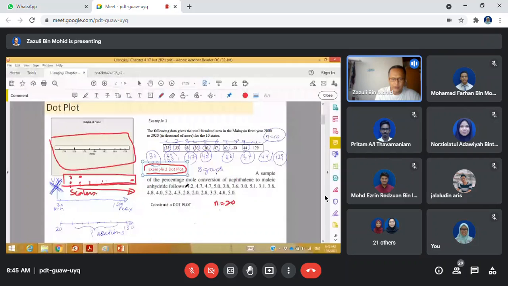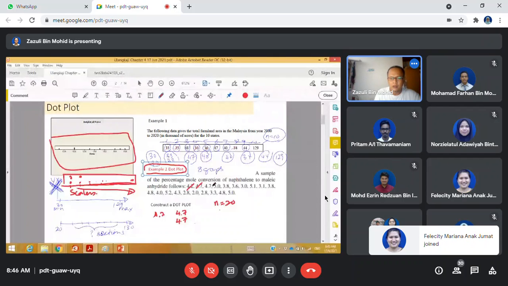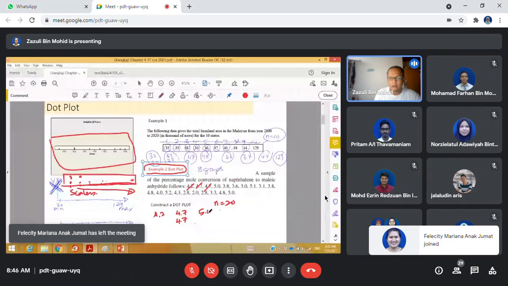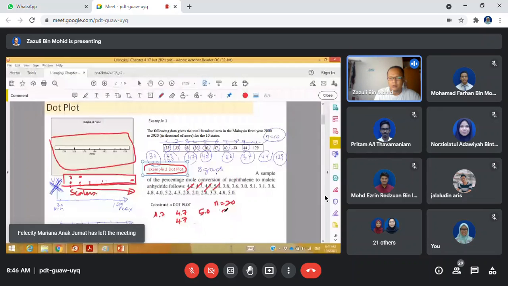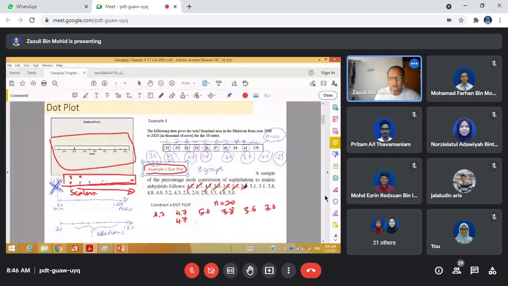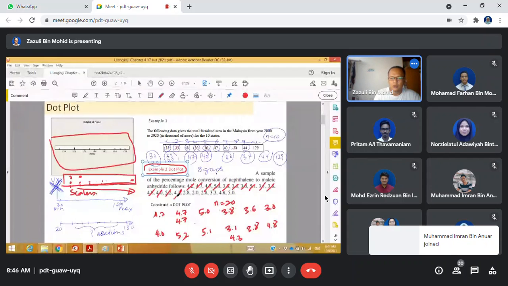We have 4.2, 4.7, 4.7, 5.0, and then you have 3.8, 3.6, 3.0, and then you have 5.1 and 3.1, 3.8, 4.8, and then we have 4.0, 5.2, 4.3, 2.8, 2.0, 2.8.